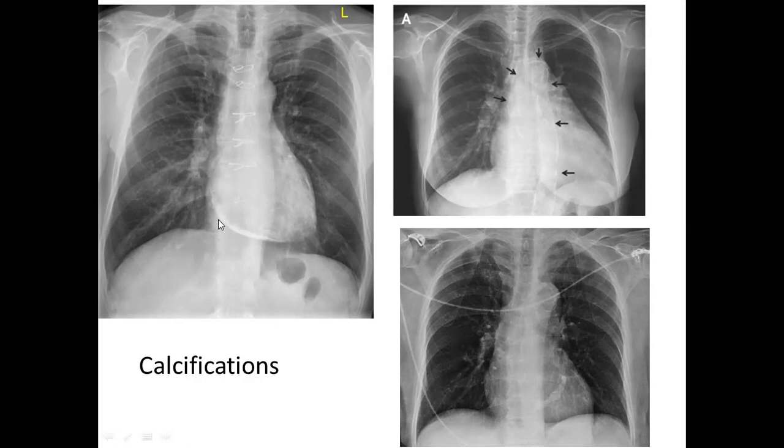So right here is an example of calcification of the pericardial sac. The patient may have trauma or may have some inflammation in the pericardium, and as a result you can see this linear calcification. Also you can see some wires in the projection of the sternum.